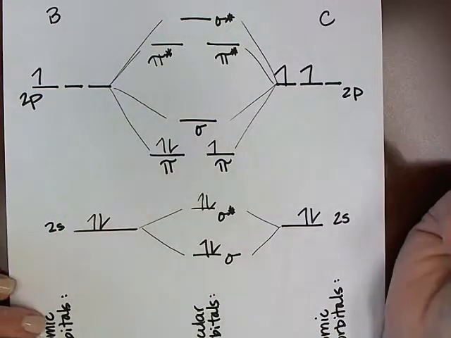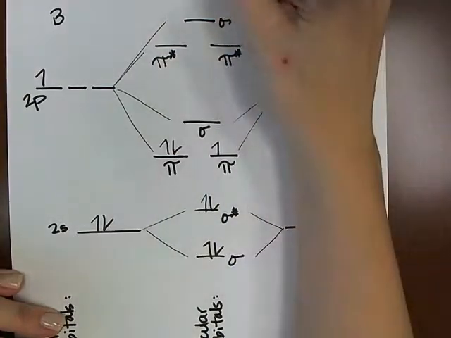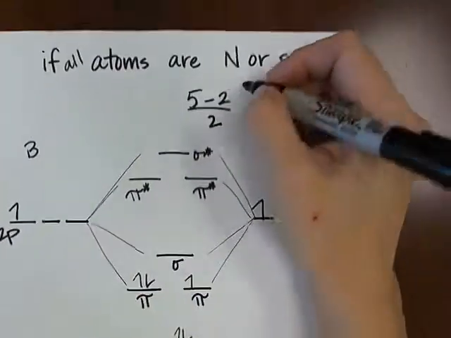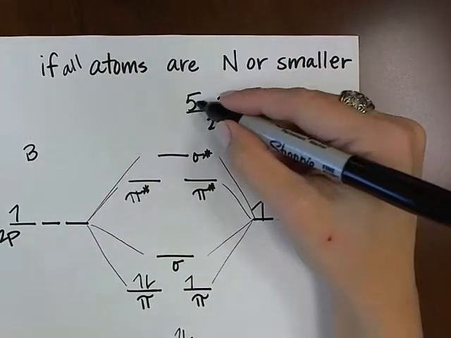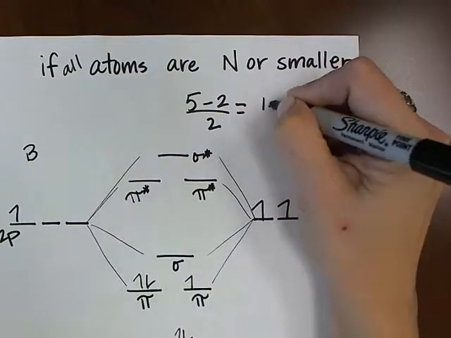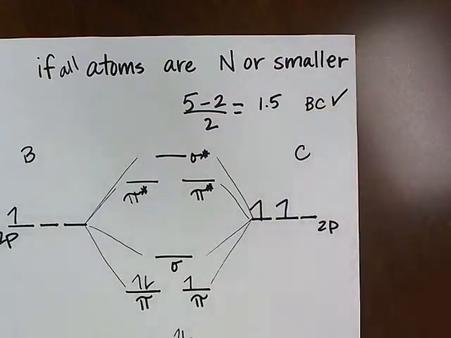And so again, we can see that the bond order is going to be 5 minus 2 divided by 2. 5 bonding electrons, 2 anti-bonding, so the bond order is going to be 1.5. So we might think that, yeah, this molecule could potentially exist.